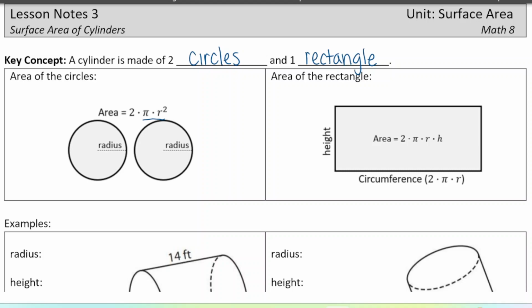Because there's 2 of them, we're going to multiply it by 2. r stands for radius, and radius is just the distance from the center to the outside of the circle. For the rectangle, the length of the rectangle is going to be the circumference, 2 times pi times r. That's just the formula for the circumference, or the distance all the way around. And then the height of the cylinder is h.